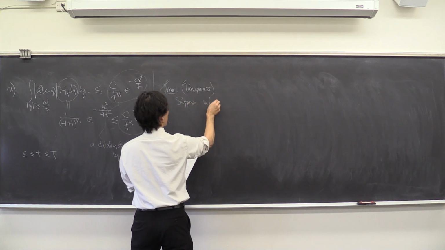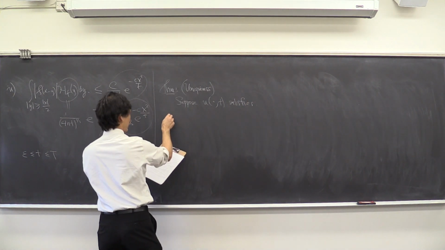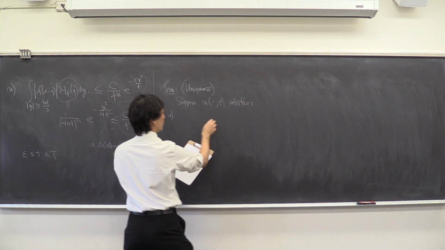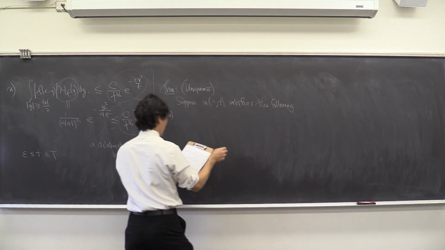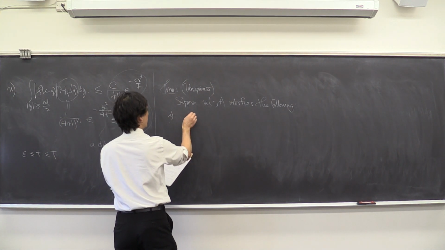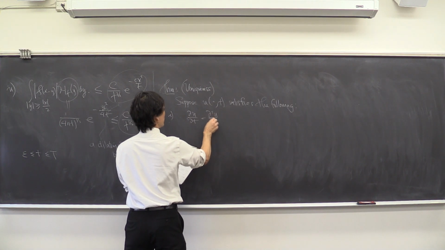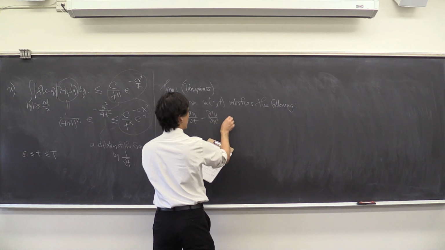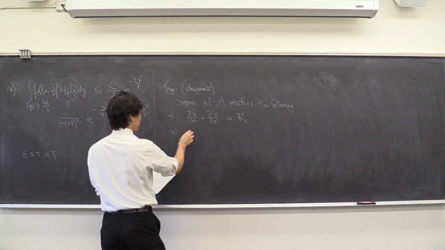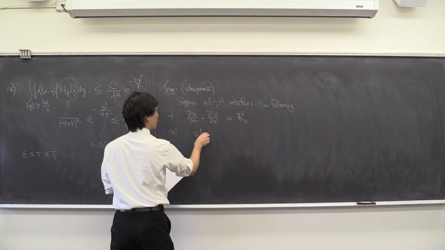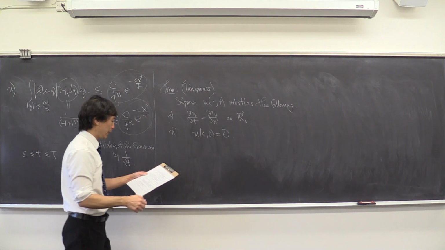Suppose u(x,t) satisfies the following. One, the partial of u with respect to t equals the second partial with respect to x on the upper half plane. Two, u(x,0) is 0, so it's 0 on the boundary.